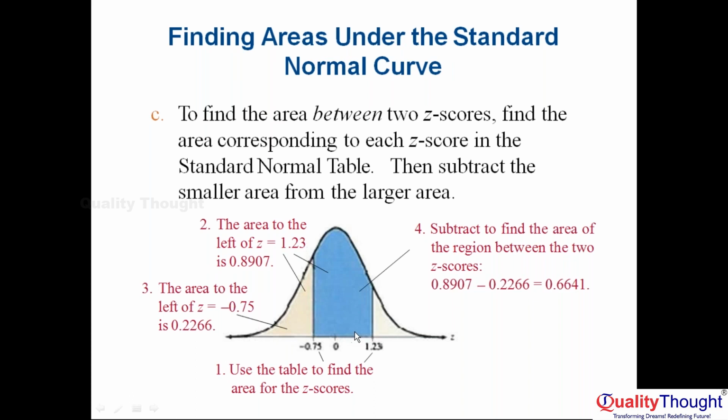You take 0.8907, which is the total area till 1.23, minus the value of the Z score for minus 0.75, which is 0.2266. If you make the subtraction, you will get the middle shaded area. Okay, all of you.